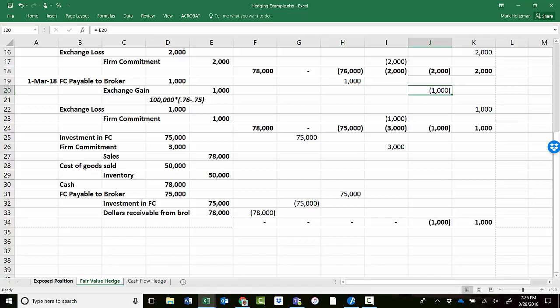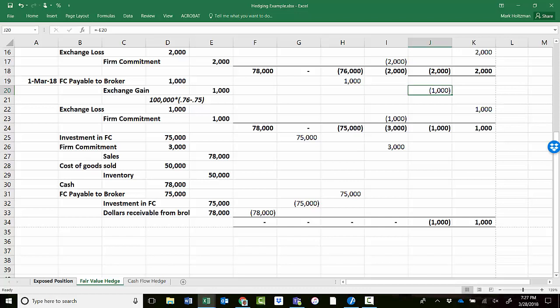Last thing, again, I like this transaction. To me, this is a really cool journal entry, right? So what I do is I give up my investment in foreign currency, that's 100,000 euros, and I debit the foreign currency payable to broker, that's the debt that I owe to the broker. I debit 78,000 cash because that's how much the broker has to give me, and I credit dollars receivable from broker for 78,000.